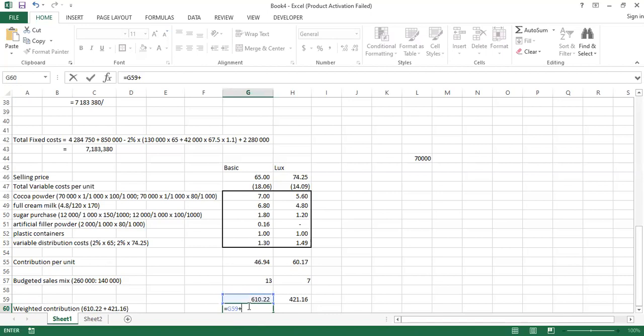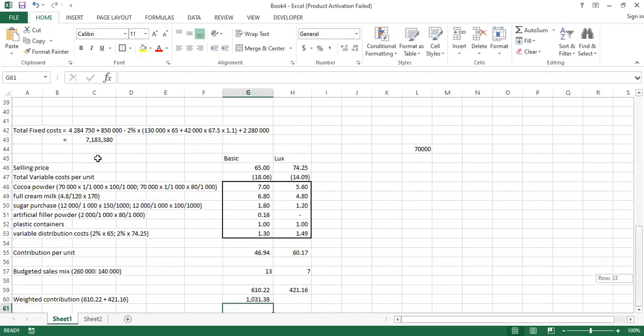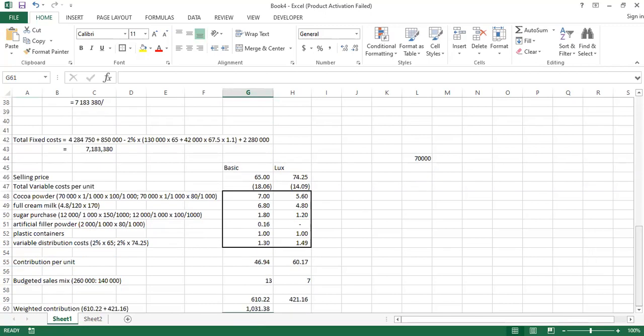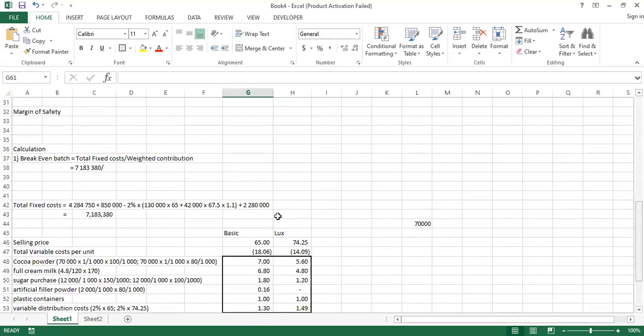This is the amount that we need to take now and bring over here for our weighted contribution. So 1031.38. Let's take that there, 1031.38.